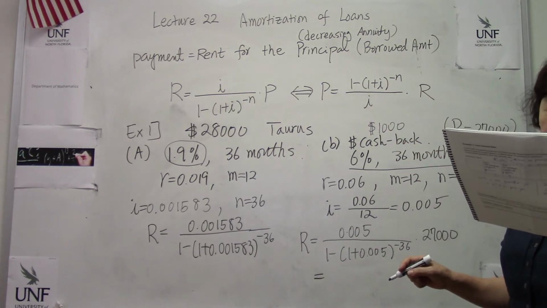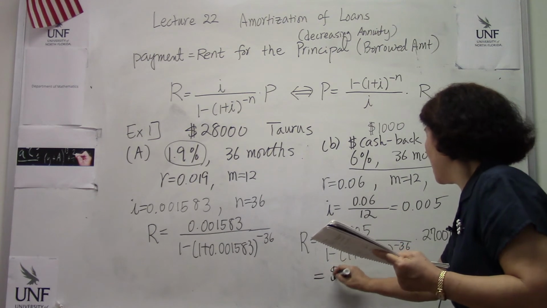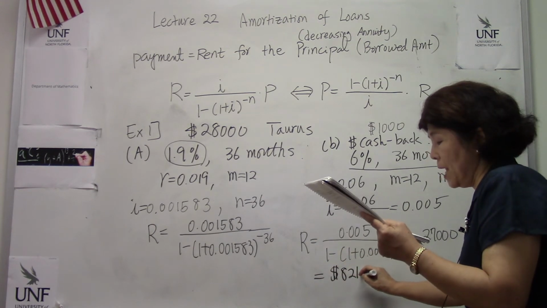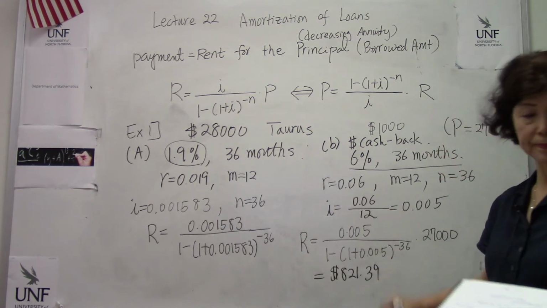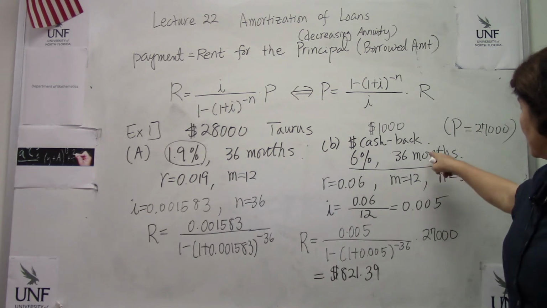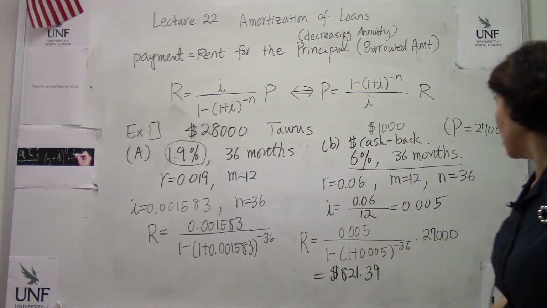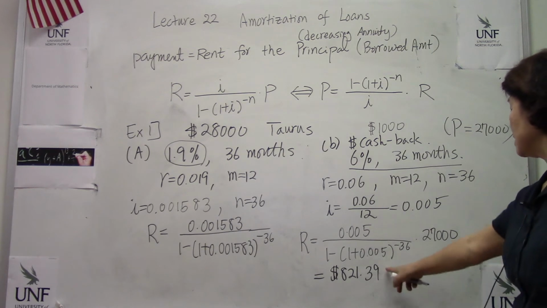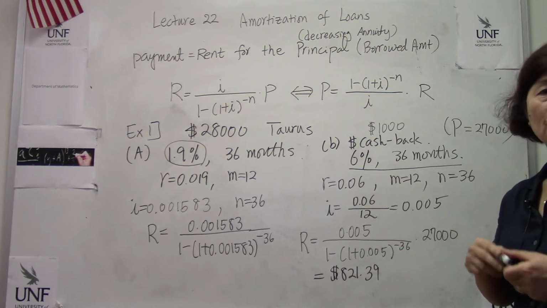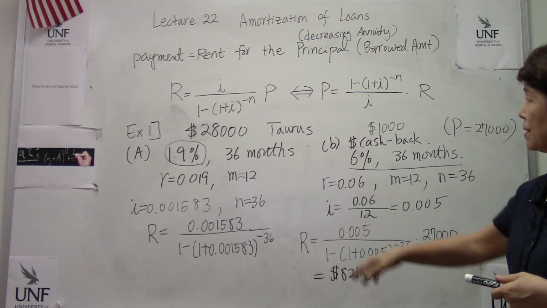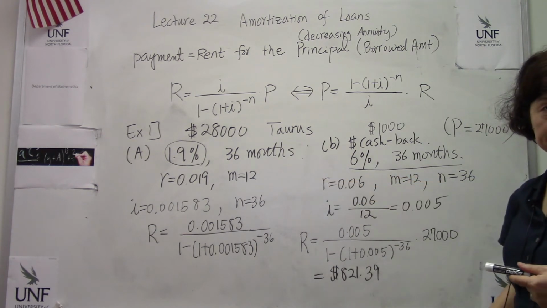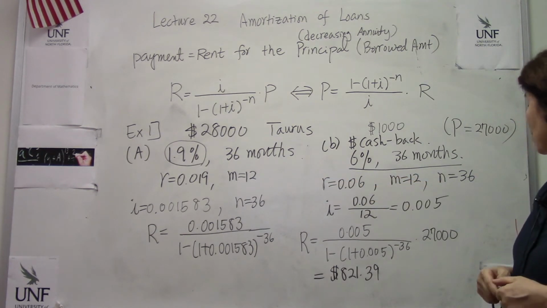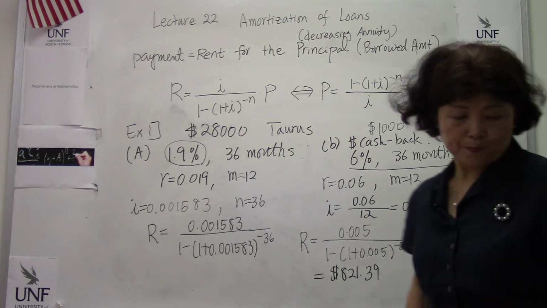So let's compute. That is $821.39. Yeah, this is roughly $800. This one is roughly $821. So of course, option A is better. Okay, so that is more favorable to you.